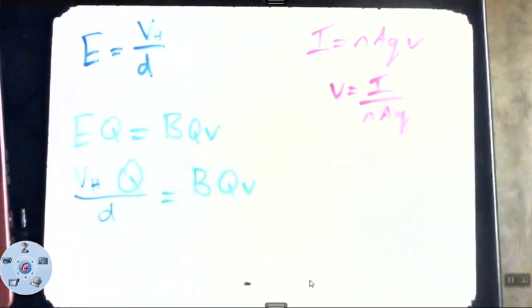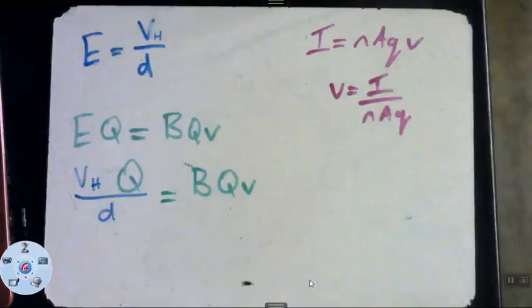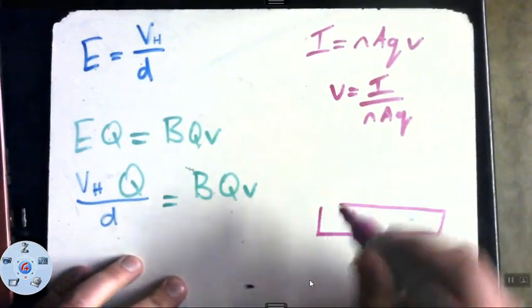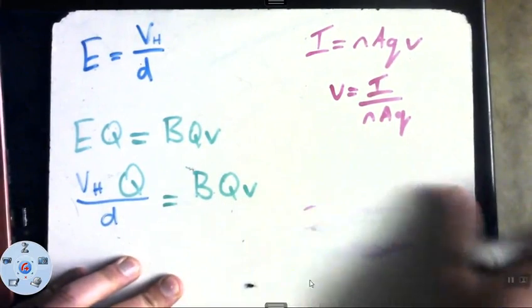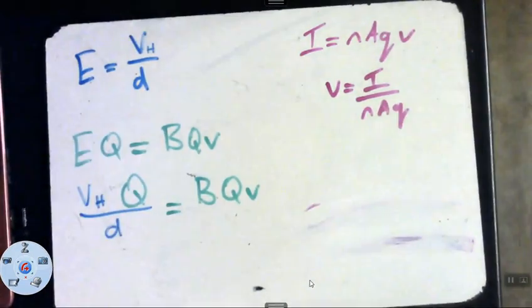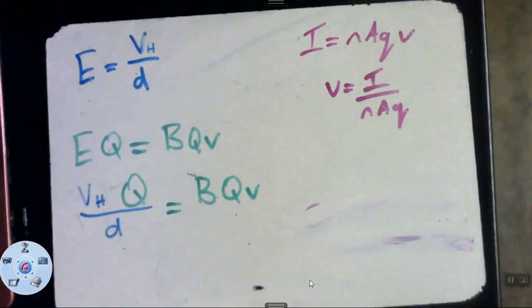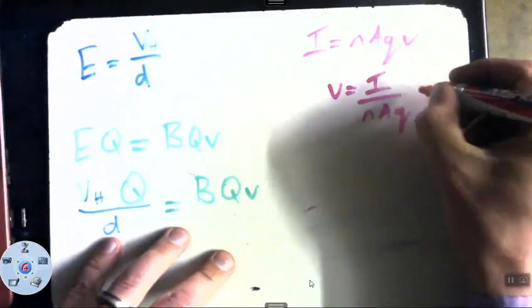But before we go further with A, the area that we're talking about is once again the thickness and the distance. So when we're calculating the area, we're looking at the thickness and the distance.